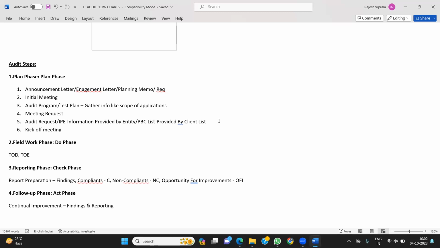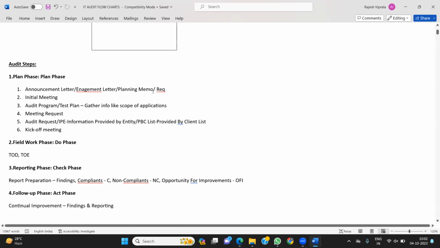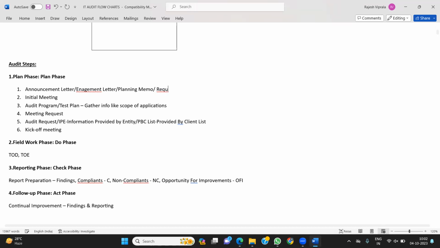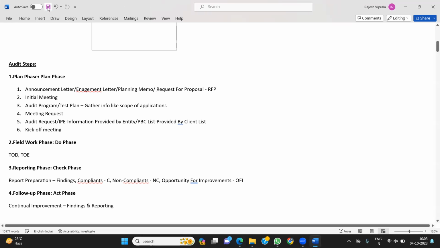In the plan phase, as you can see, there is the announcement letter or engagement letter or planning memo or request for proposal. Okay, this is called request for proposal. So in simple terms, say, for example, you are working in an audit consulting firm, such as EY, KPMG, Deloitte, or any other company.